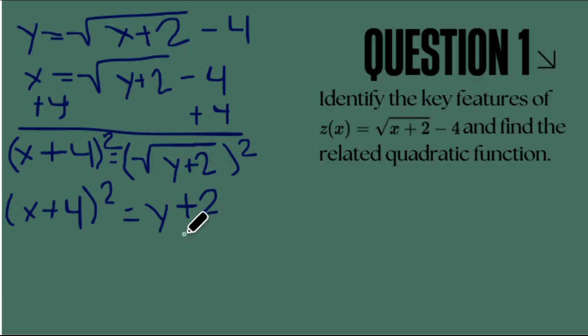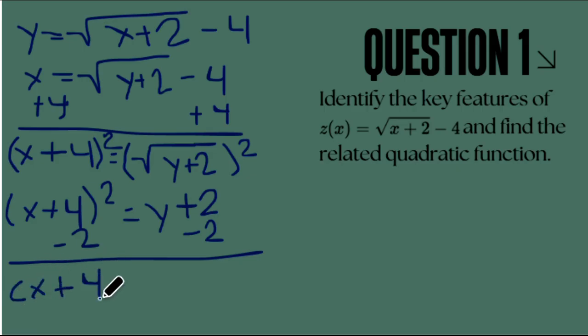We're solving for y, so let's get rid of this 2. And that leaves us with x plus 4 squared minus 2 is equal to y.